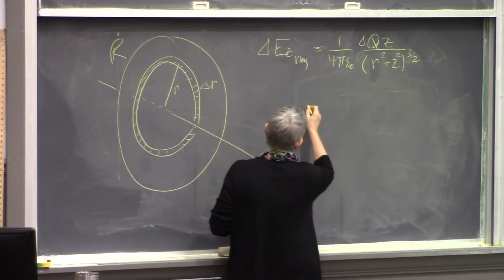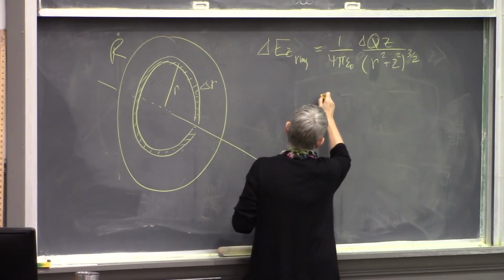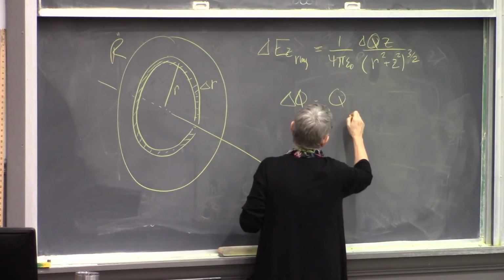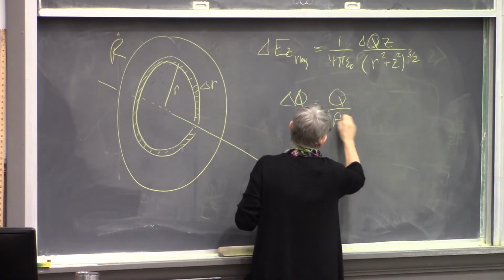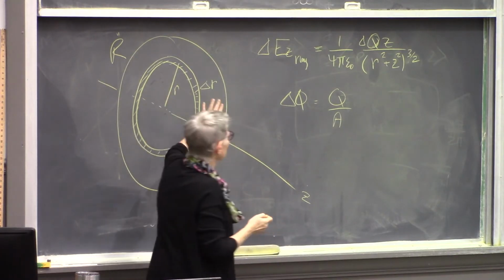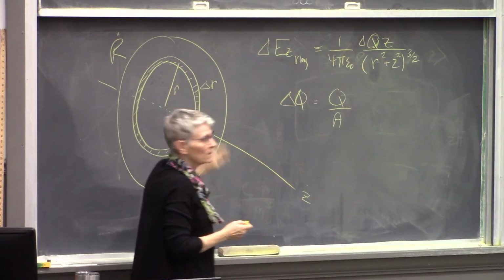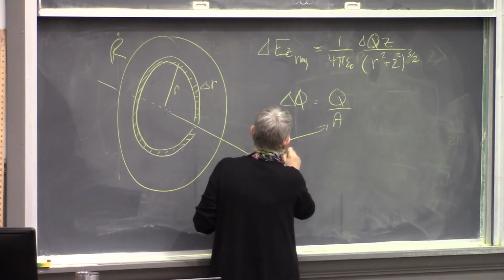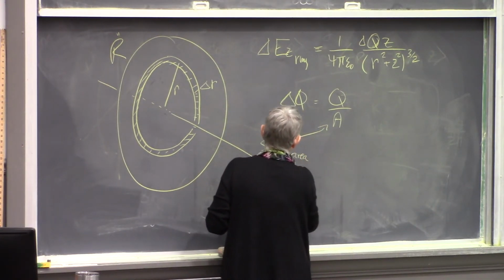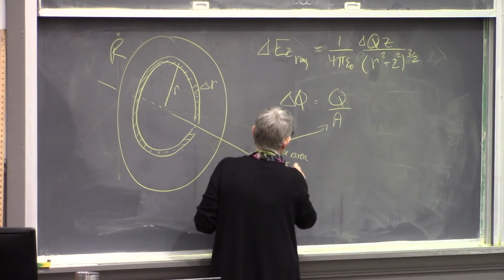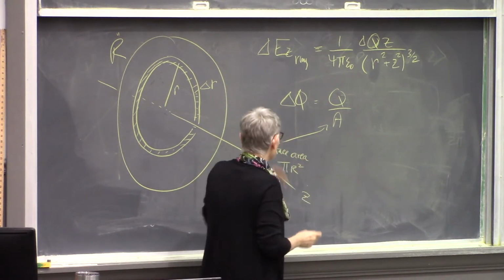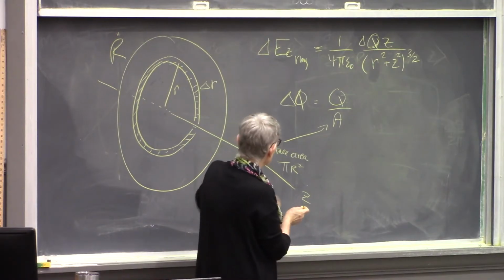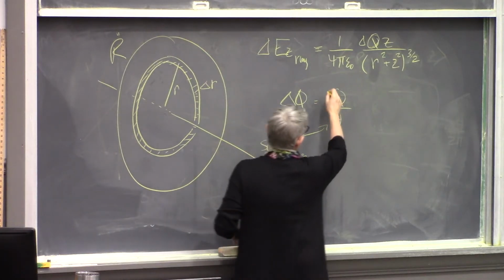So delta Q is going to be something like the total charge divided by the surface area, which is pi capital R squared. I mean, sorry, the surface area of the disk. So this is for the disk.